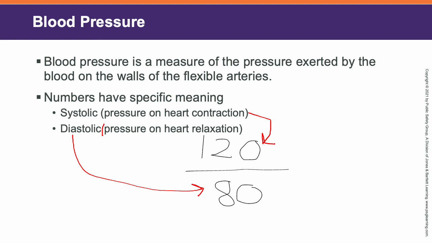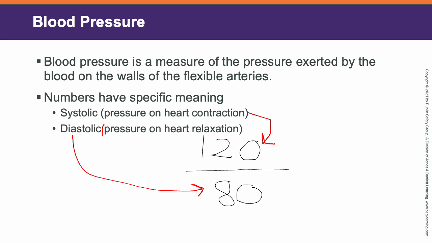And this is really important. This is a quiz question. Make sure you understand this, okay? The benchmark that we use as a normal blood pressure for adults is 120 over 80. So a systolic blood pressure of 120, a diastolic blood pressure of 80, okay? So there is a quiz question about this.